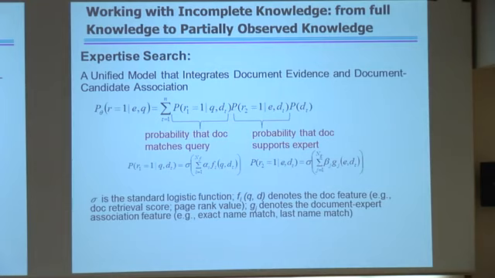Actually, what we do here is we throw our prior knowledge into the modeling process. Instead of modeling the conditional probability of being relevant in a big, let's say, regression model or in a big model, we throw in our prior knowledge in the structure of the model, which means we separate the document evidence part from the document candidate association part.